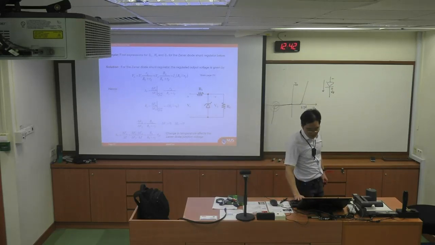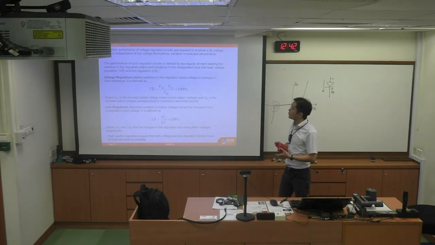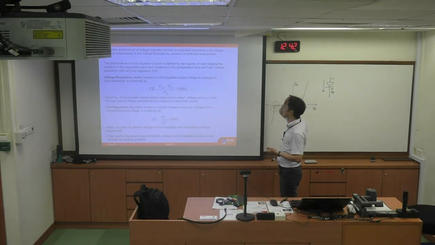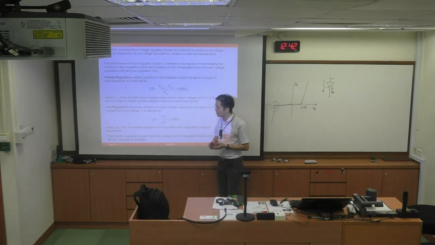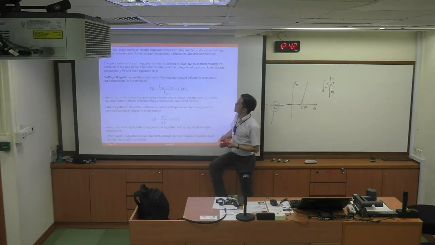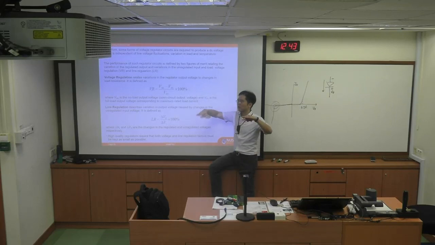Okay? But there are regulators that are required to produce a DC voltage which is independent of the line voltage fluctuation. In other words, there are two metrics or figures of merit a voltage regulator should have. One, if you have a fluctuation in the input, you want to maintain the output as stable as possible.